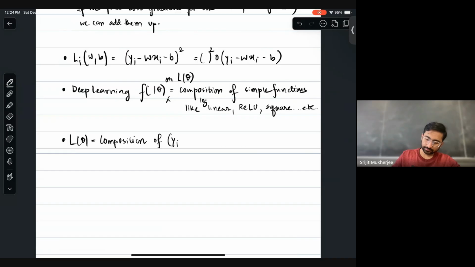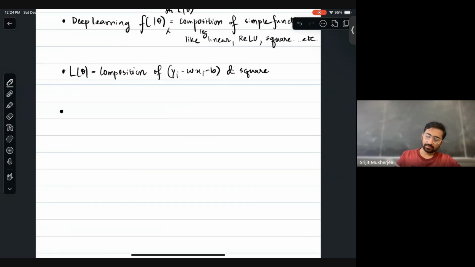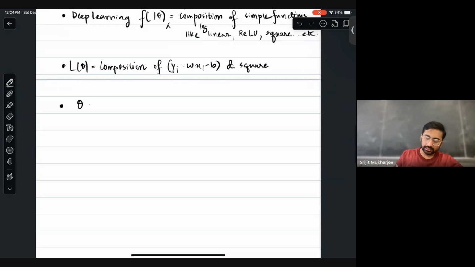So we can also write this as, the whole idea is theta, because we want to find the derivative with respect to theta.